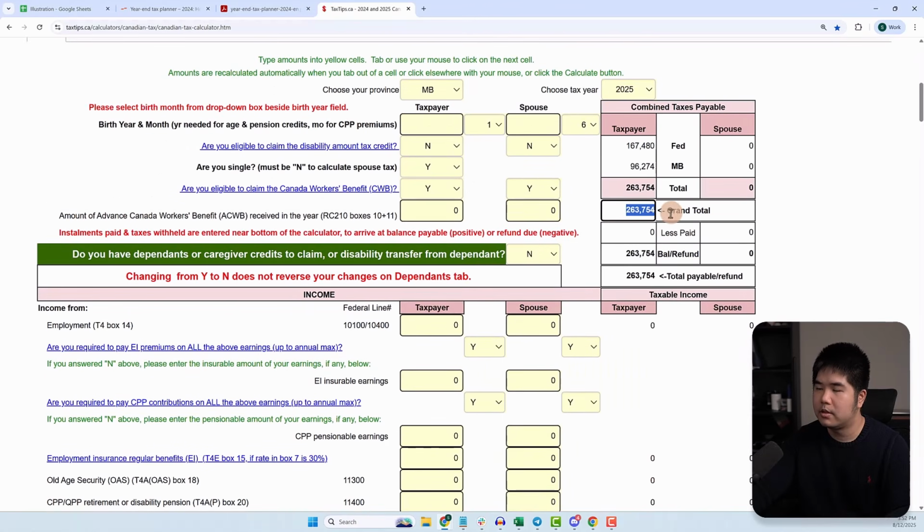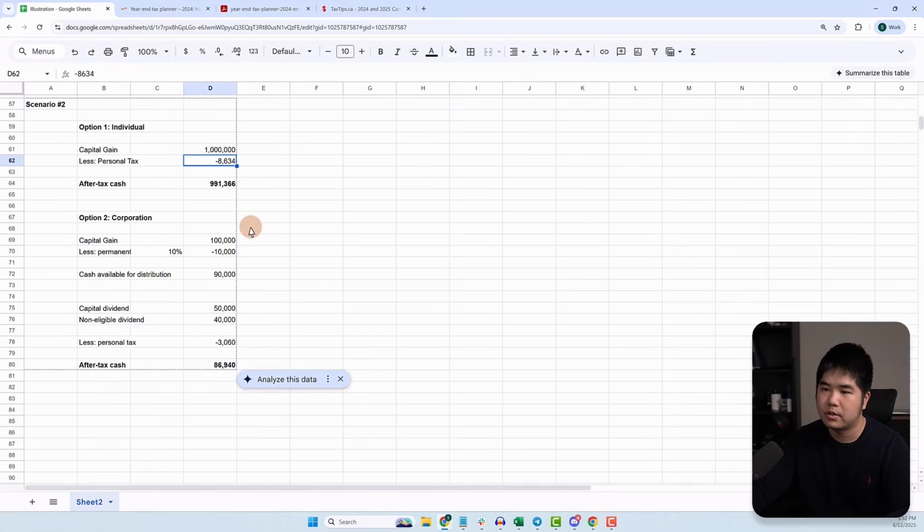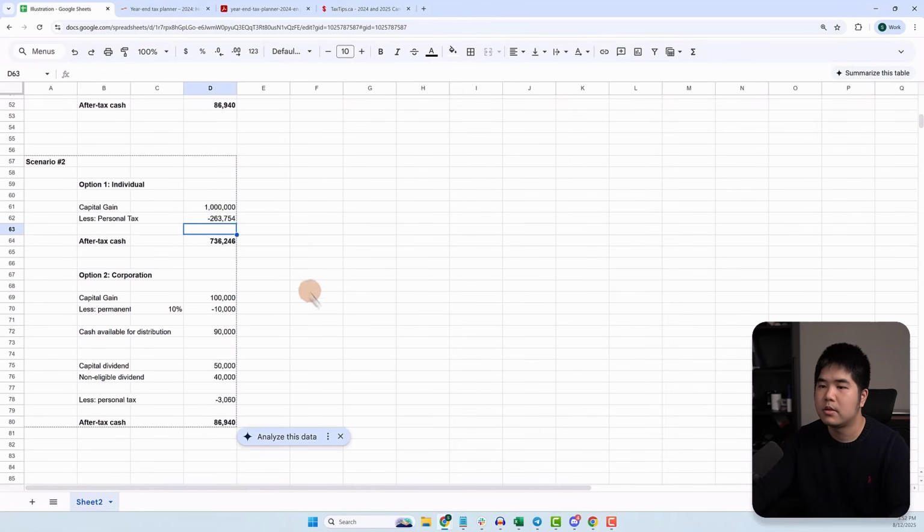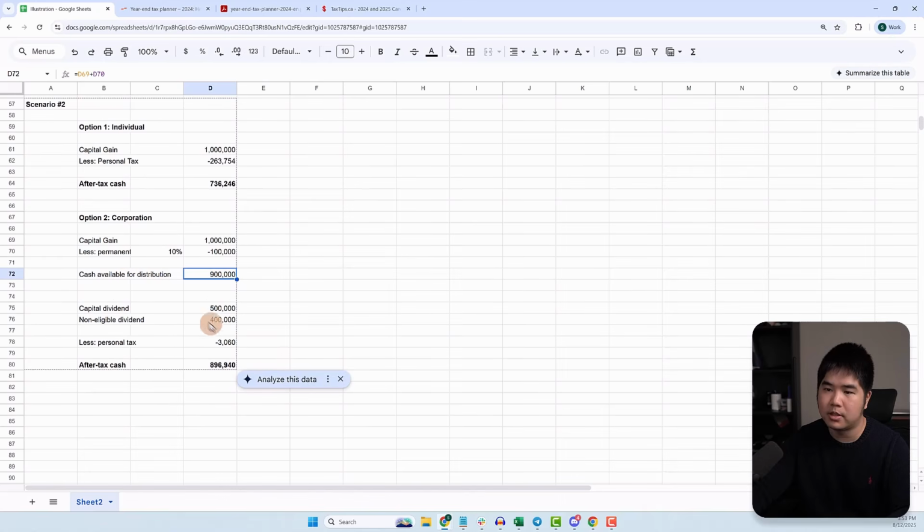So this is our tax, $263,000. And then option 2, corporation, capital gain is 1 million. Cash available for distribution is $900,000. This is after paying permanent tax. And then the capital dividend is $500,000.